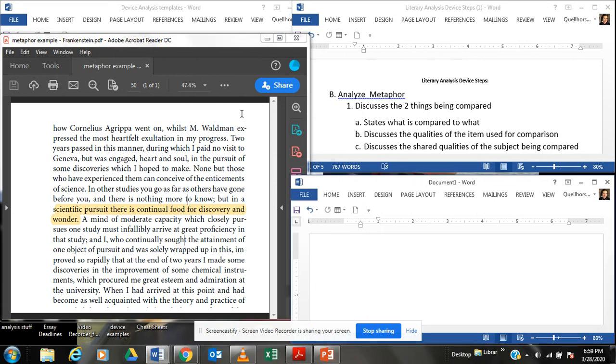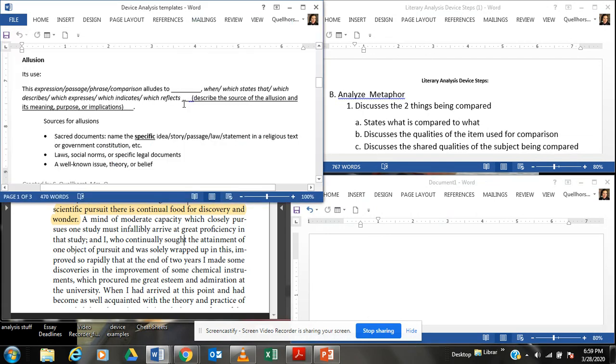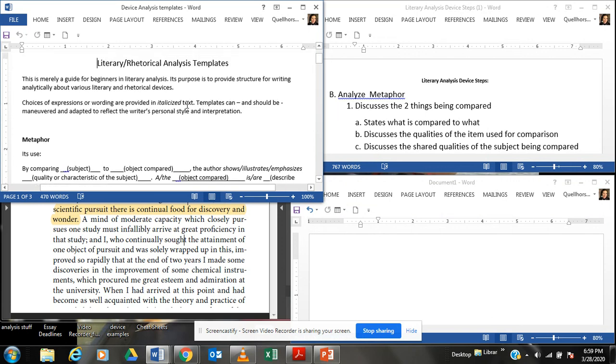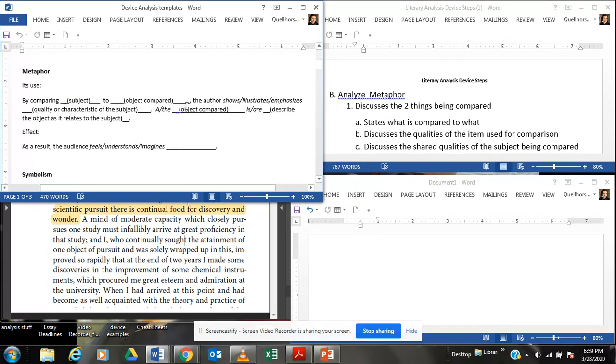And let's see, I'm going to have a look at my templates. And let's see, where is metaphor? That's the first one. So, there it is. I've got it right above my text. So I'm going to use this template right here. Okay, let's fill in the blanks here. By comparing, let's see, the subject is scientific. No, it's discovery and wonder.